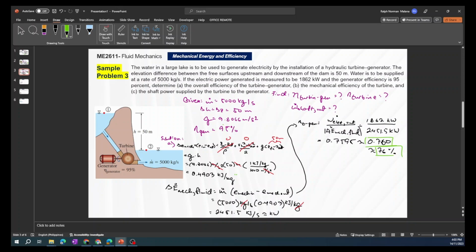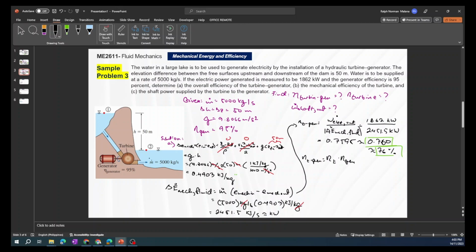We also need to determine the mechanical efficiency of the turbine. Luckily, we already have the efficiency of the turbine generator, and the efficiency of the turbine generator is simply the product of the efficiency of the turbine times the generator separately.